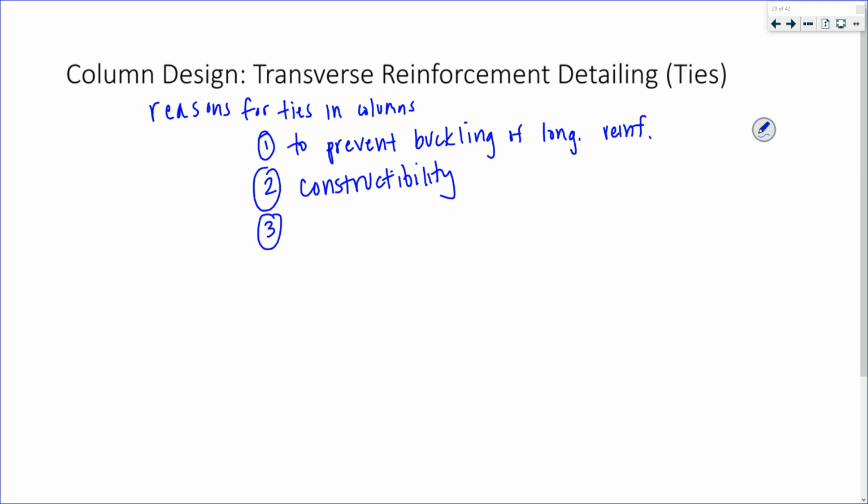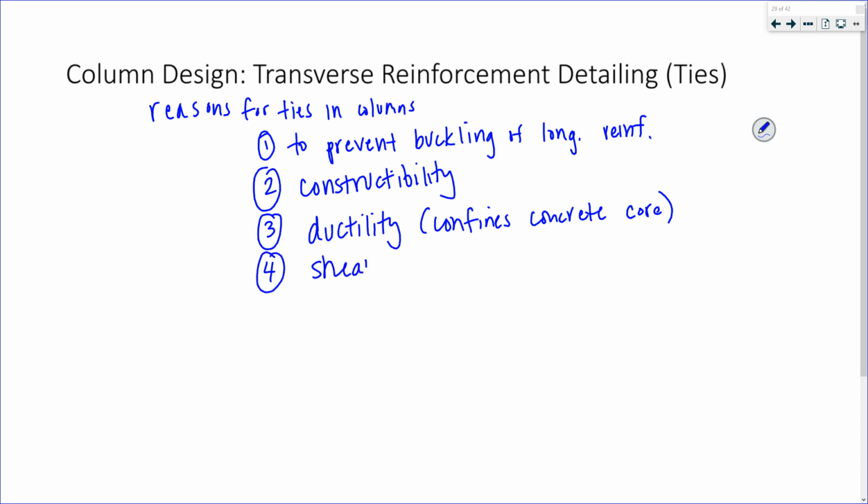I talked about this a while back, because it confines the concrete core. And then also the same reason that we have ties in beams, shear reinforcement.